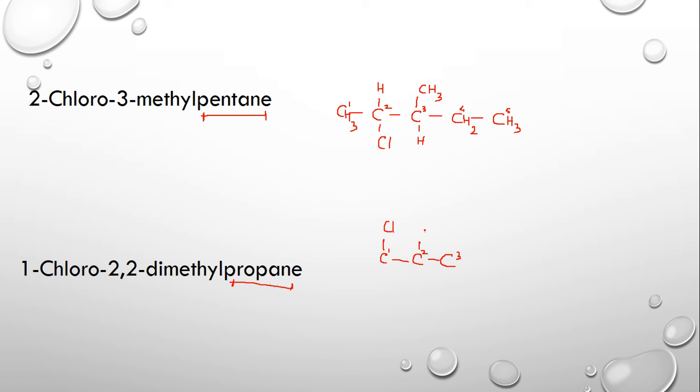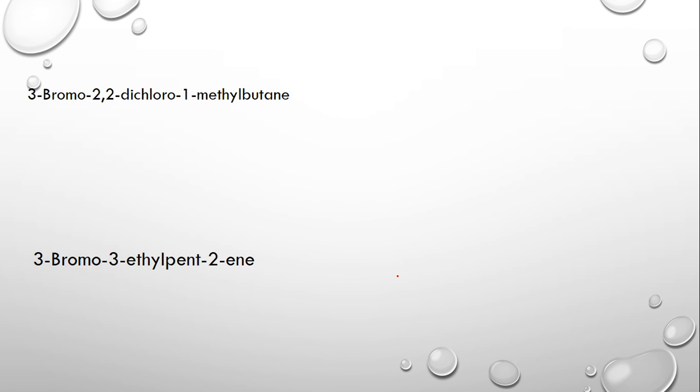On the second carbon atom, they say dimethyl. So write down 2 CH3s on the second carbon atom. Now the substituents have been written. Satisfy the carbon atoms with the hydrogen atoms. So this is how the structure of 1-chloro-2,2-dimethyl propane is written.